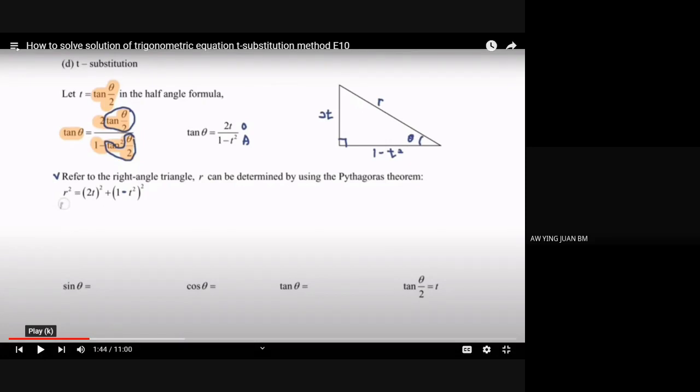Okay, so sekarang you tengok ini sebenarnya adalah half angle. Kalau you tengok formula yang saya bagi, double angle punya bawah ada half angle. Tangent theta equals to 2 tangent theta over 2 over 1 minus tangent squared theta over 2. So itu adalah dia punya formula dalam half angle.